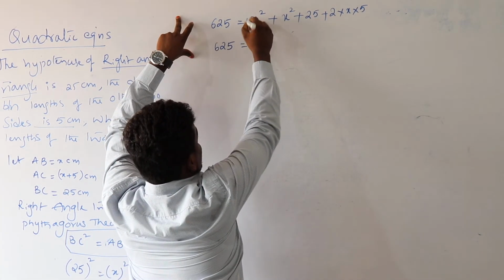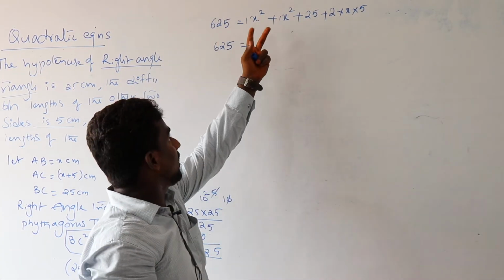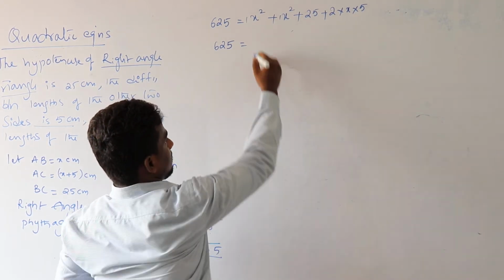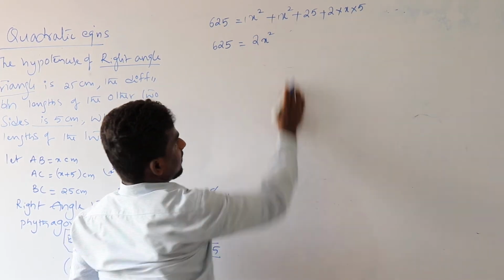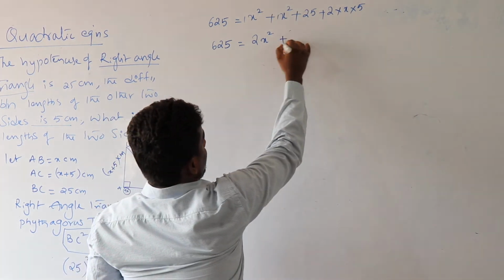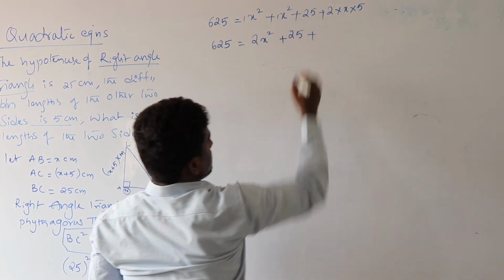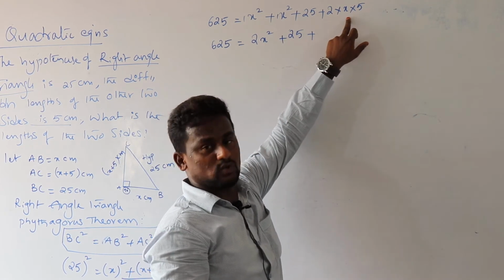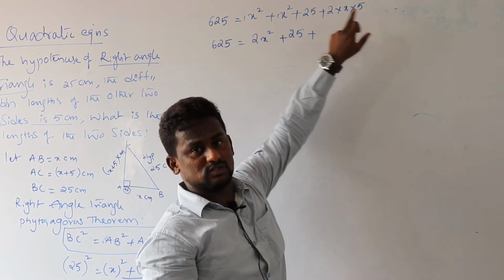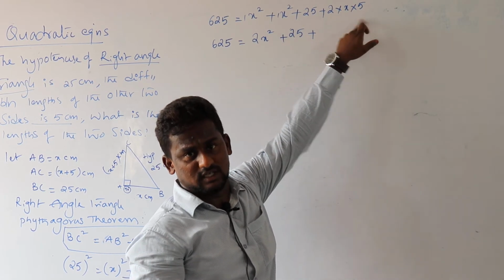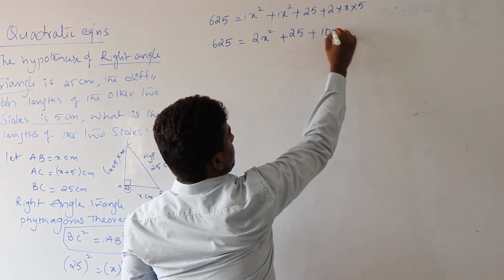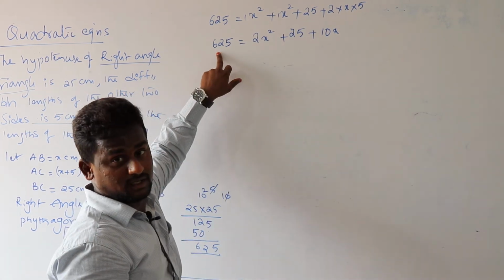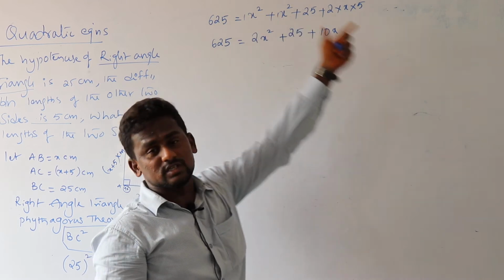So this is 1x square, this is 1x square. 1x square plus 1x square means 2 times of x square, plus 25 plus 2 into x, 2x, 2x into 5, 5 2s are 10, 10 into x, 10x.